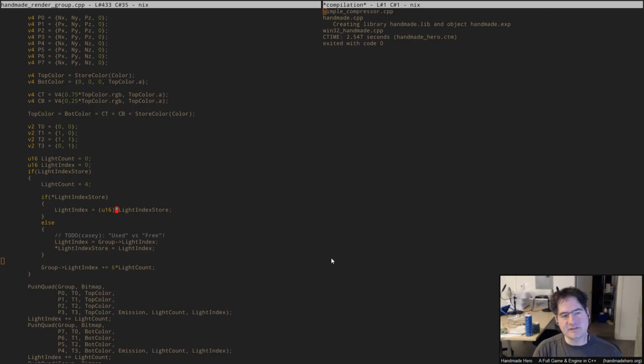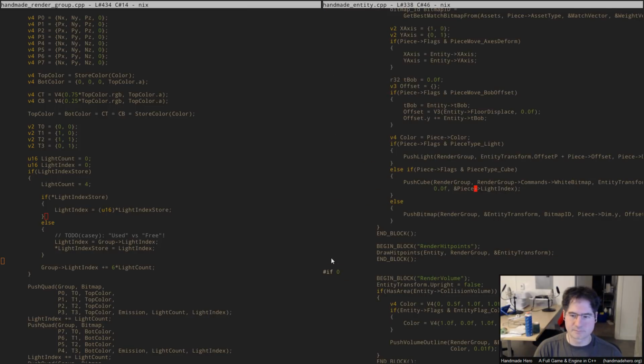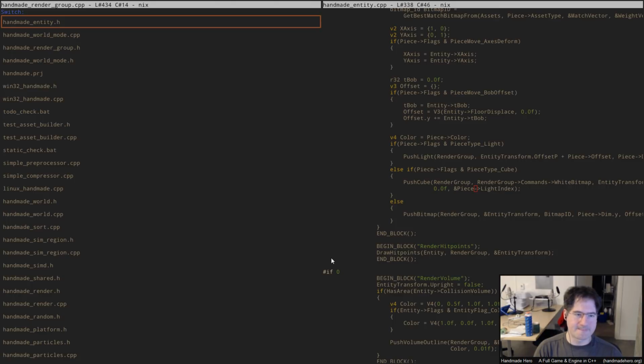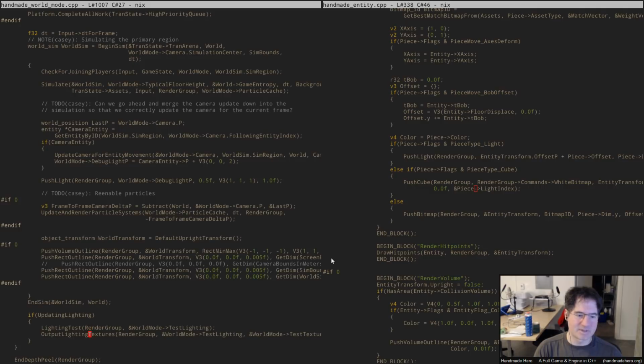So I guess the reason that's not happening is because the emissive light doesn't store anything. So that push light call that we do, I'm pretty sure this is the problem, right?